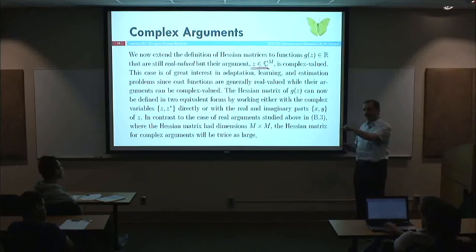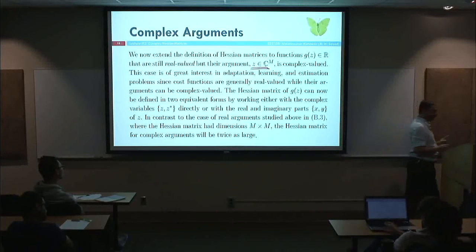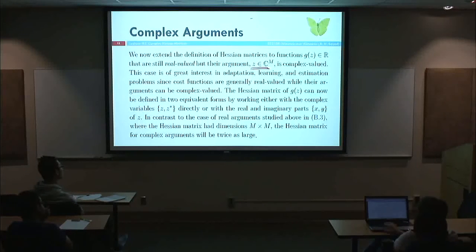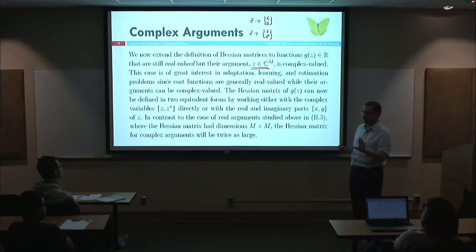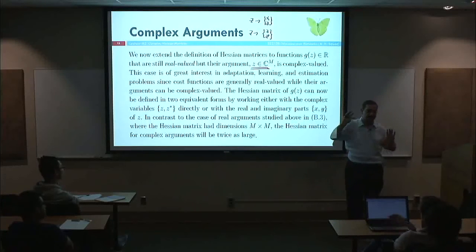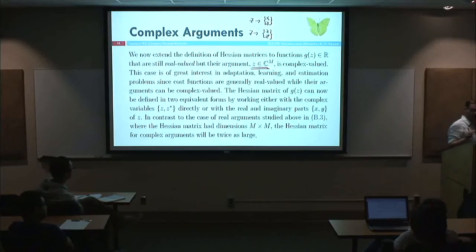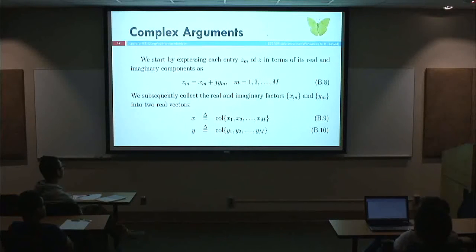And then the second way, rather than transform z to xy, I'm going to transform z to z star. Okay? And define the Hessian using z star, and you're going to see the connection. Okay? Let's first do the first case because it's easier to follow. Okay? And then I'll make the connection with the second case.